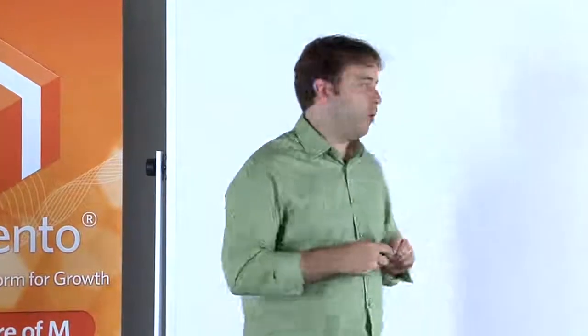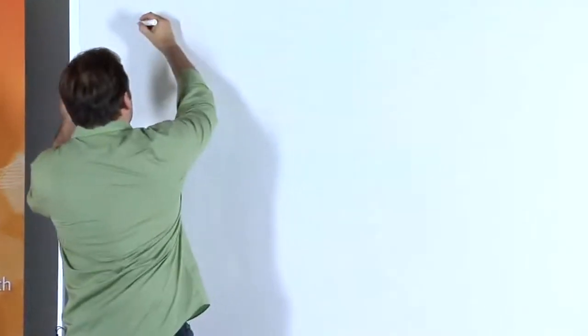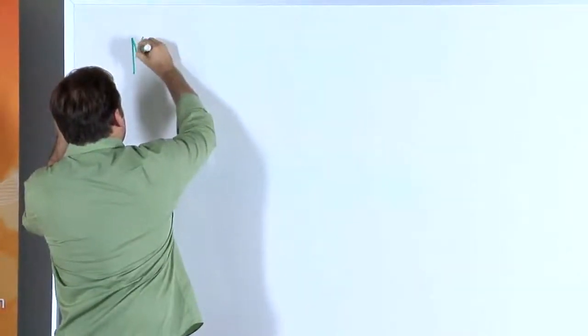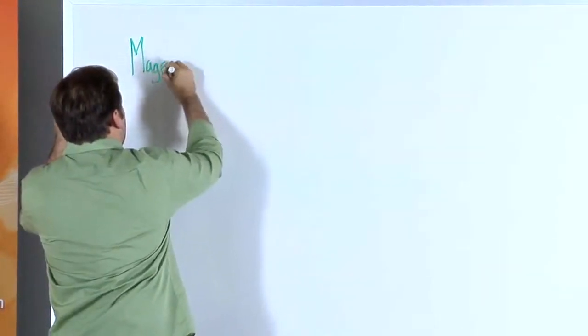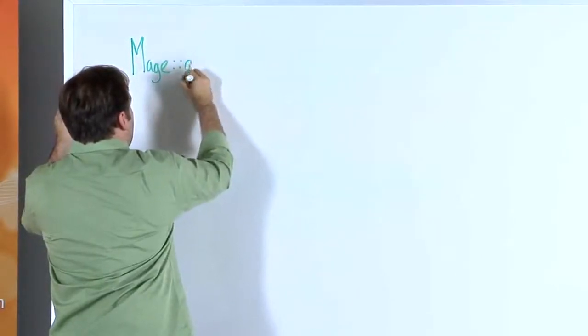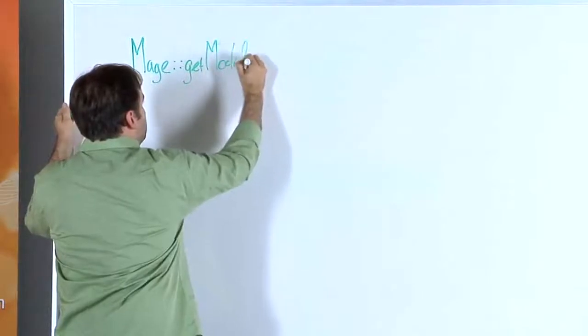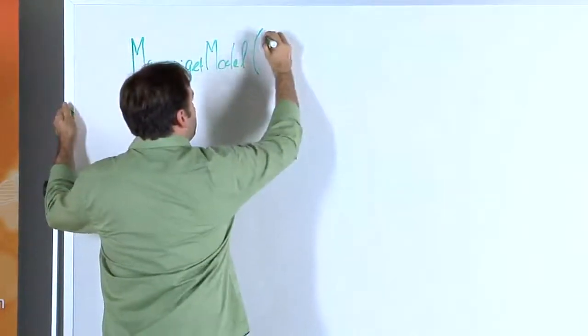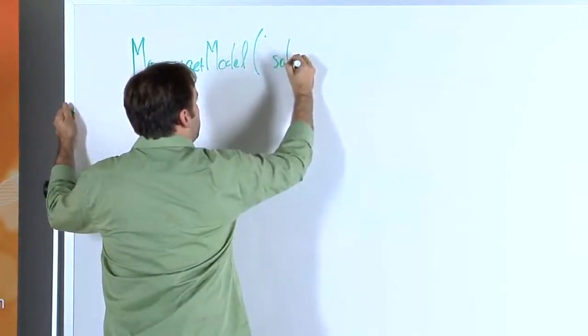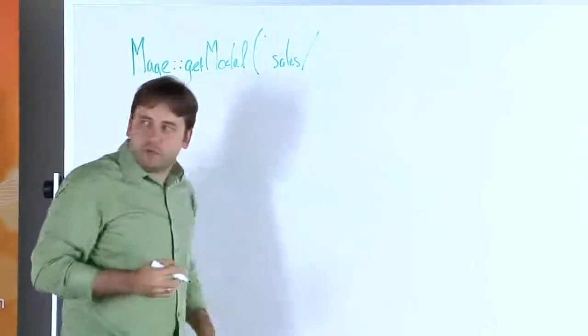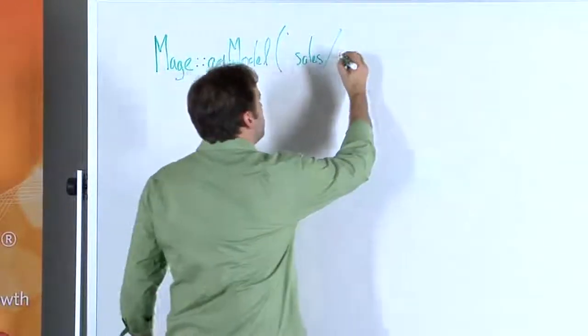We might see this call: Mage::getModel('sales/quote_address'). We're getting quote address.